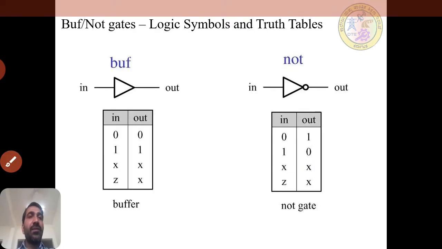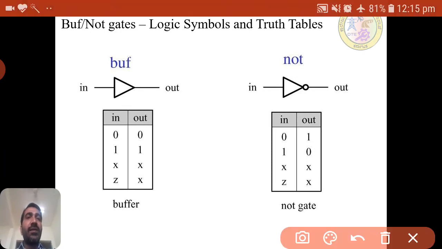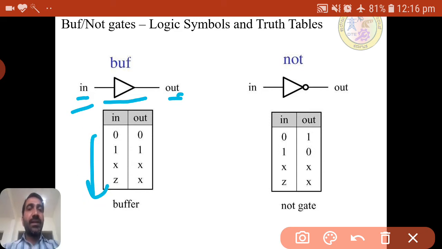Here are the symbols and truth tables. This is the symbol for the buffer, with one input and one output, and we are considering the four values 0, 1, x, z. If the input is 0, output is 0. If the input is 1, output is 1.